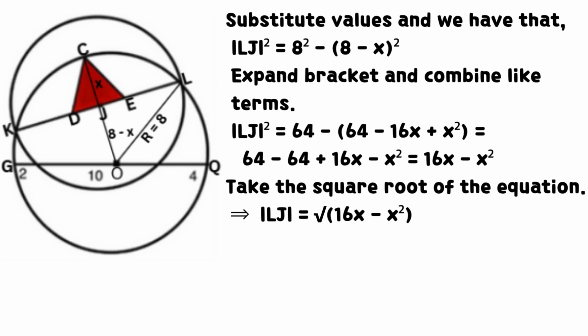Take the square root of the equation. Hence, line LJ equals the square root of 16X minus the square of X. We know that line LJ is the radius of the smaller circle, which equals line KL.